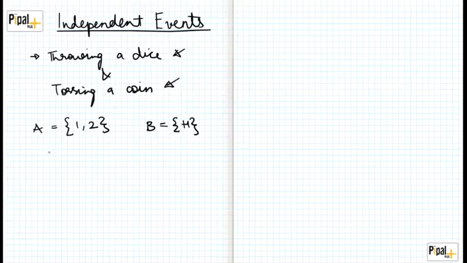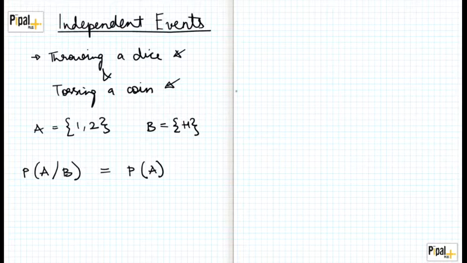Now, to mathematically express independence, we will say that the probability of event A happening given that B has already happened is the same as the probability of event A. Now, if B has already happened, then the outcome H is a certainty, right?